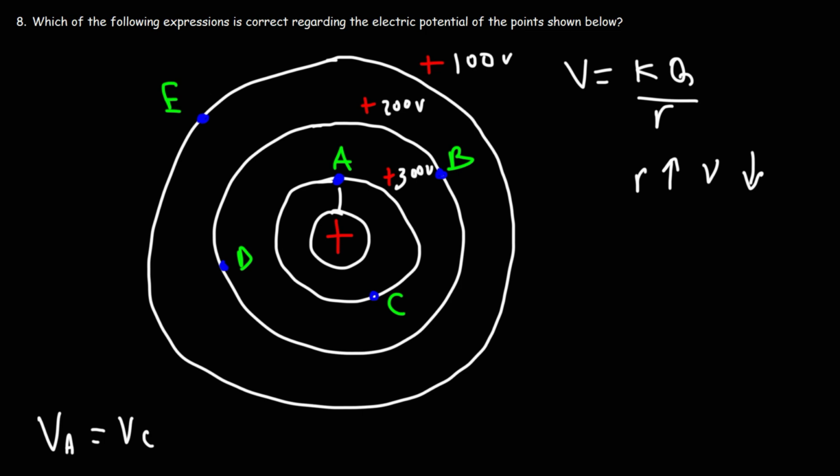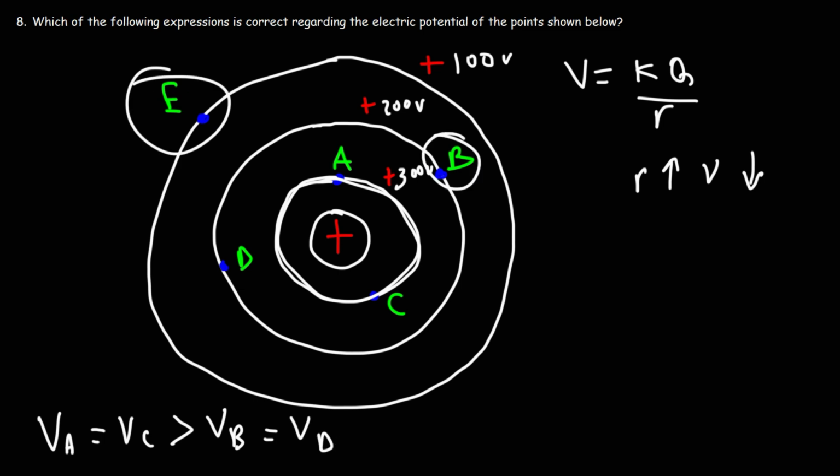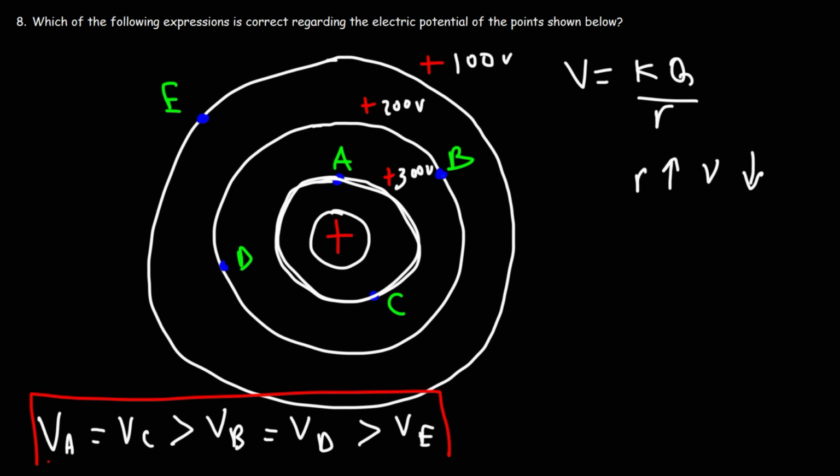So the potential at A and the potential at C are the same, but it's bigger than the potential at B. Now B and D are on the same circle, so they have the same potential. VB is equal to VD. But B is bigger than E because E is further away. So E is going to have the lowest potential with respect to the positive charge. So that's how you can rank the electric potential given a situation like this.